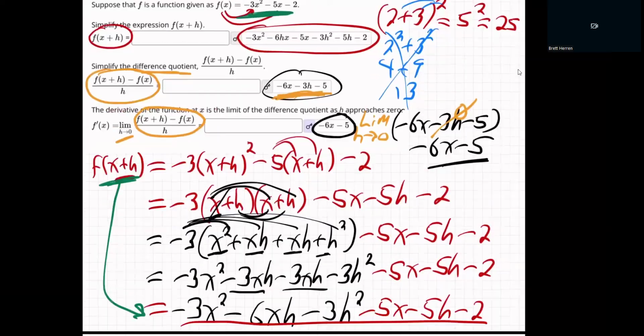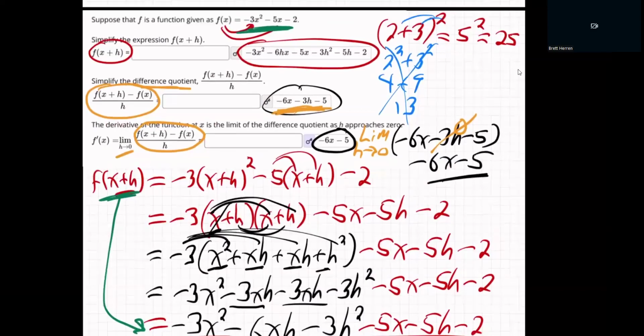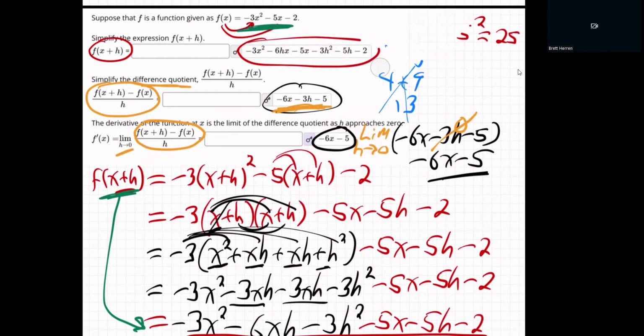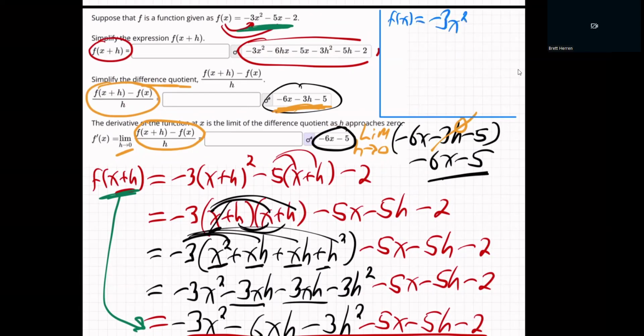Now, having done all that, let me give you a shortcut for the final answer. It's just a shortcut to get to the final answer. You have to go through all the work to get the first two answers. No getting around that. But I want to give you a nice way to double check that you didn't mess up along the way. So here's what you do. You take the original one, f of x is minus 3x squared minus 5x minus 2.